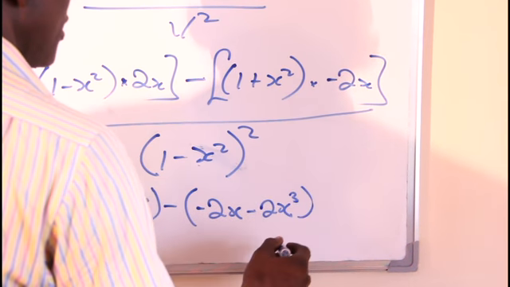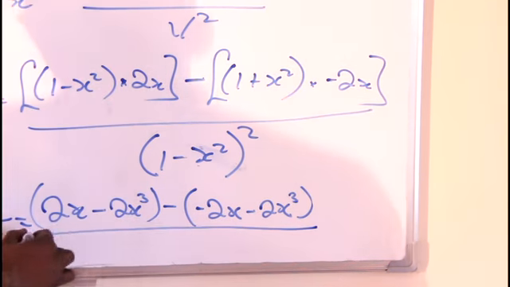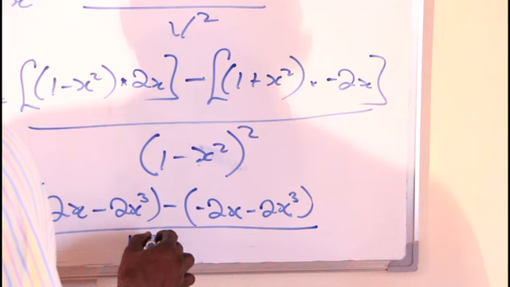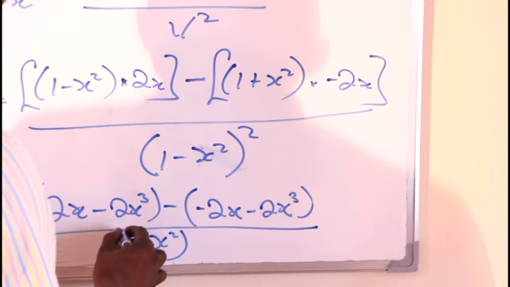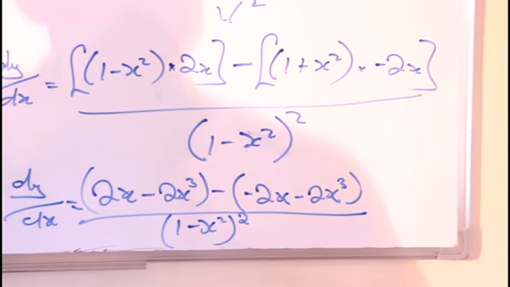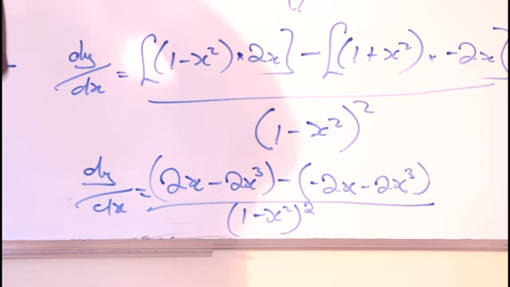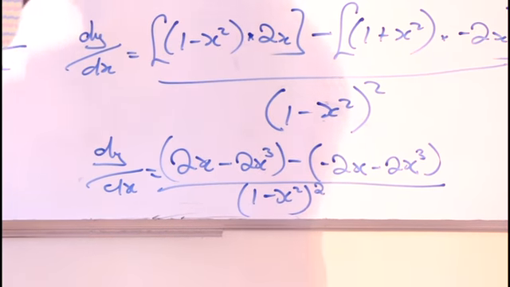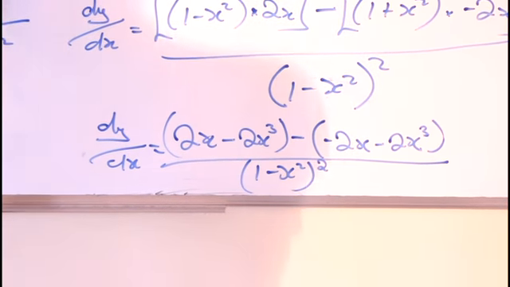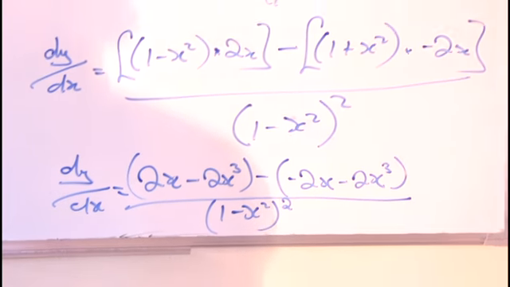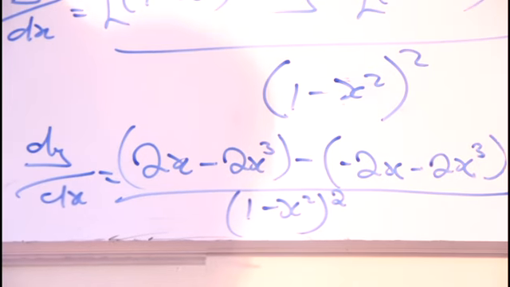Then that all over 1 minus x squared all squared. So we can still expand the numerator. If we do that, see what we are getting.